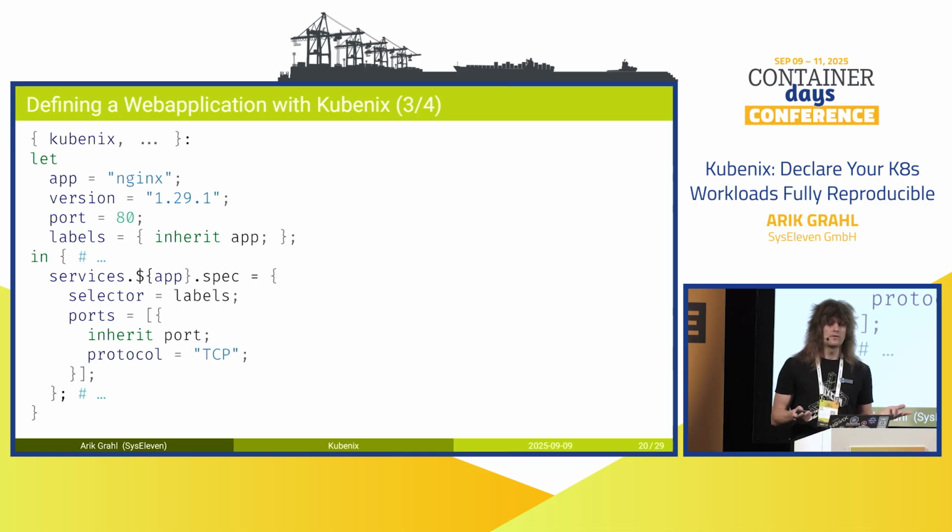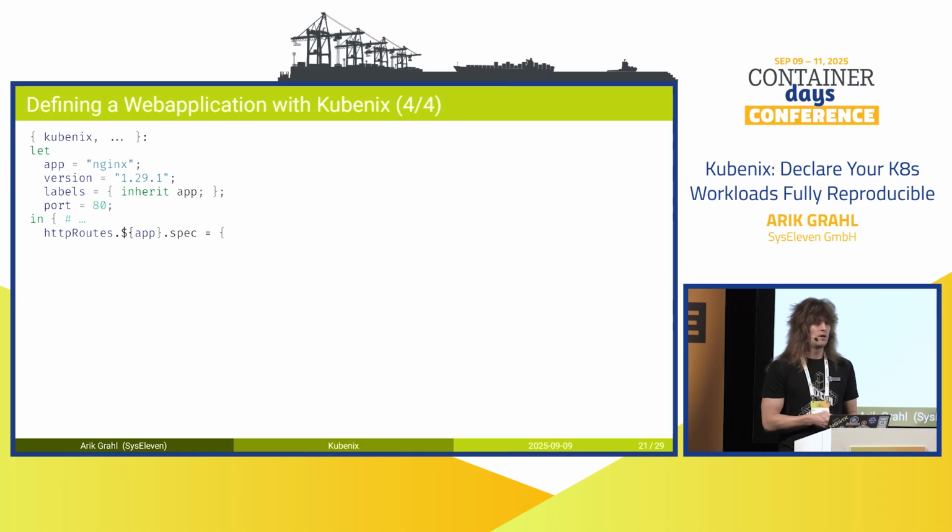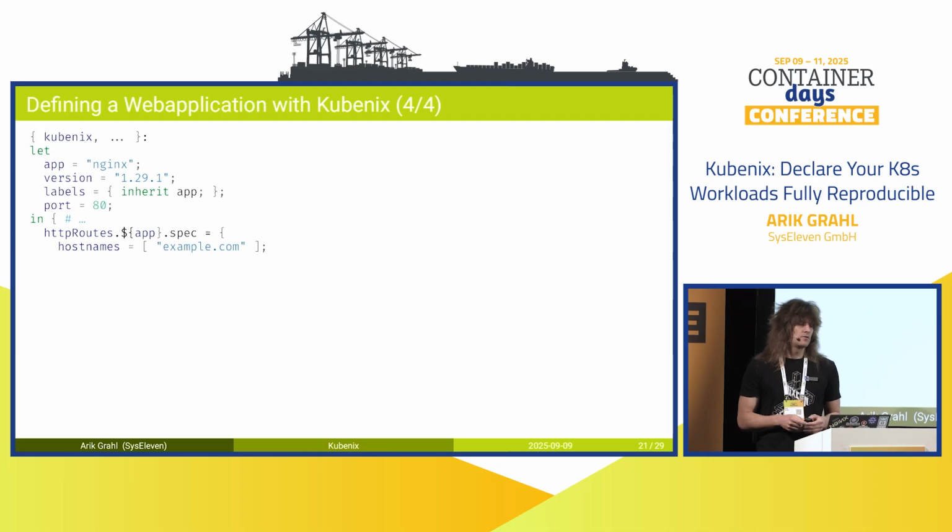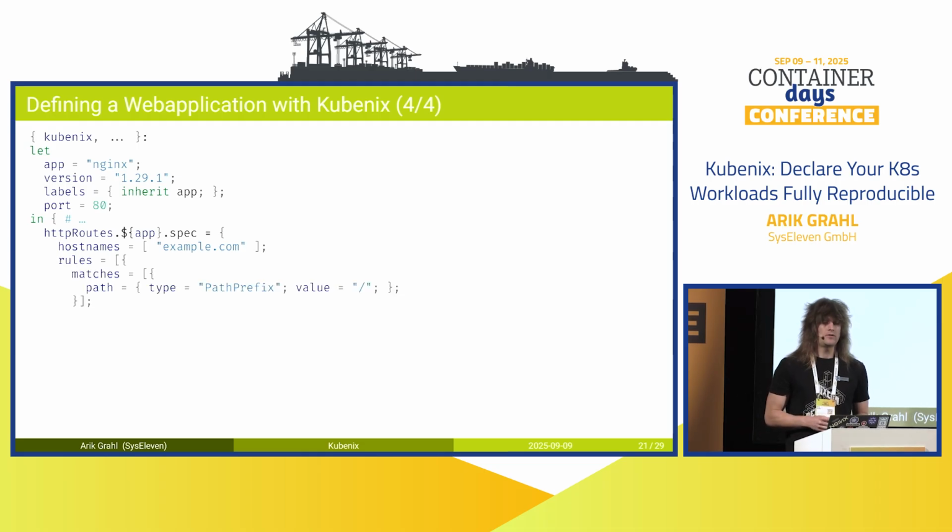Again, this code reads like a direct translation of what we want to accomplish. Finally, we set up the HTTP route, in other words, how the application is accessed publicly. This consists of a list of host names and rules. We want to match all paths, therefore we use this static rule here, and we then define our backend refs.